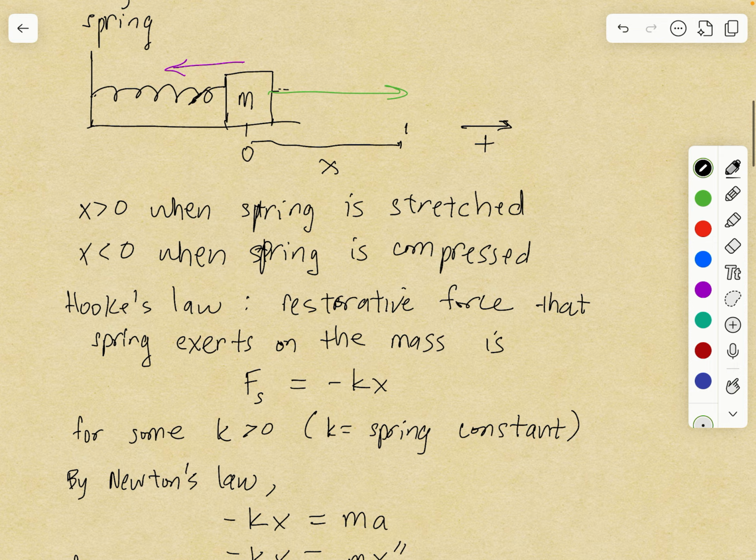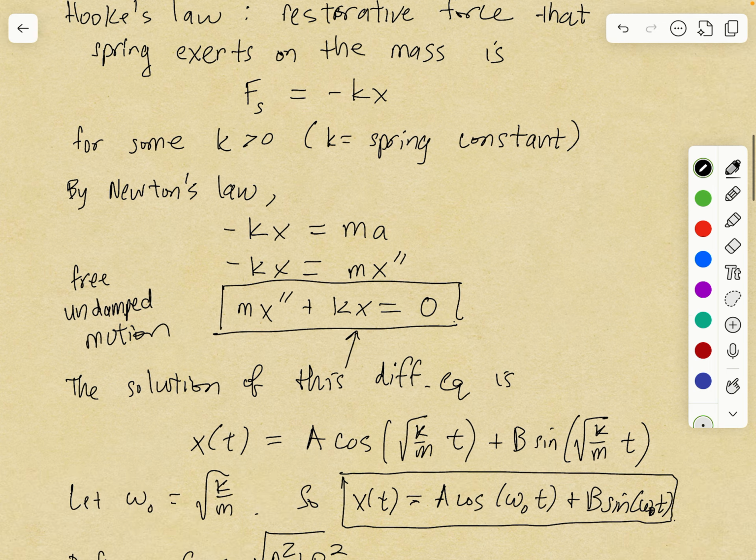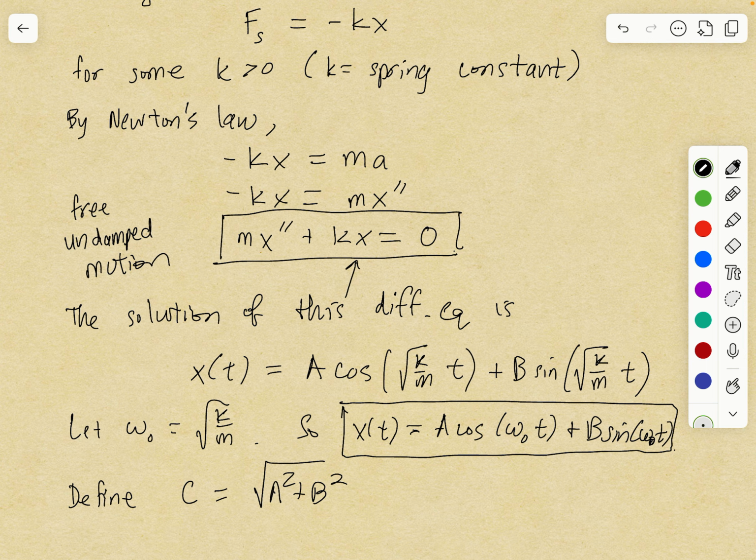And how far is it, what is C equal to? Well, it depends on your initial conditions. It depends on your x of 0, and it also depends on your initial velocity, x prime of 0.